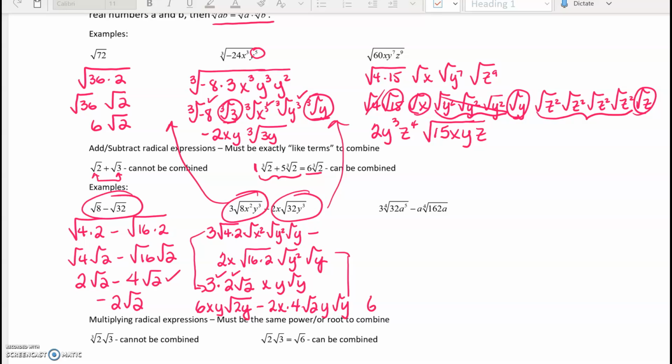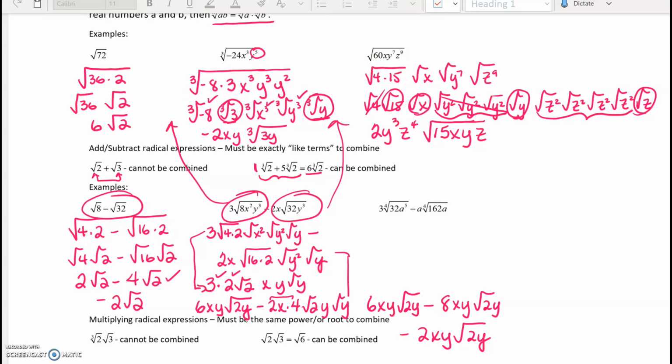So I've got 6xy square root of 2y minus 8xy square root of 2y, and we get negative 2xy square root of 2y. There we go. That's number 2 done.